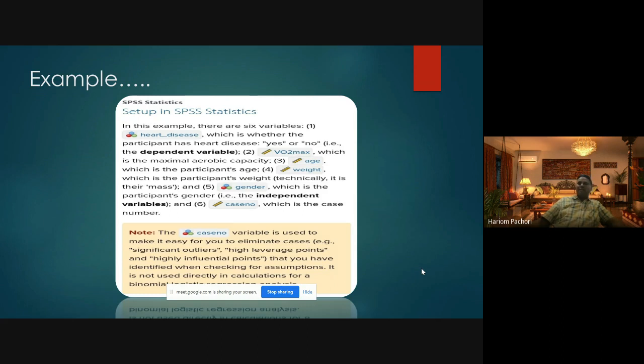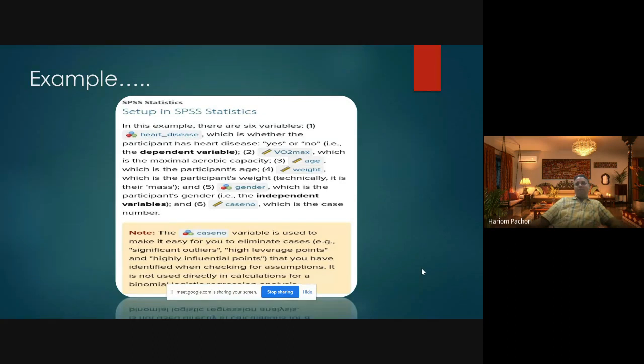Then age, which is the participant's age. Then weight, which is the participant's weight; technically, it is the mass. The fifth one is gender, which is the participant's gender. These are the independent variables. And 6 is the case number.